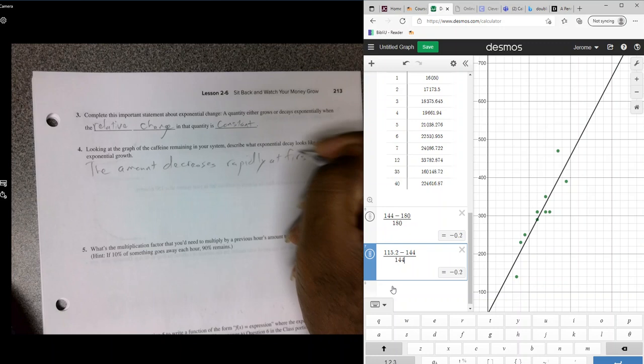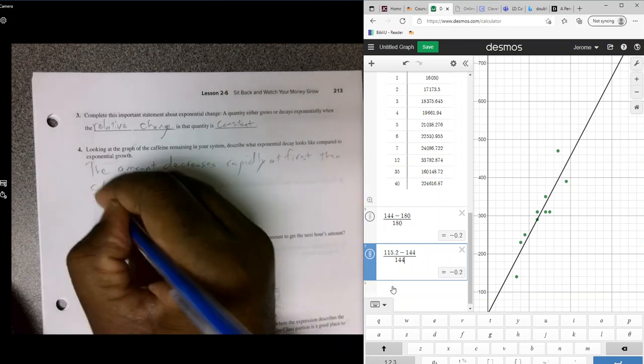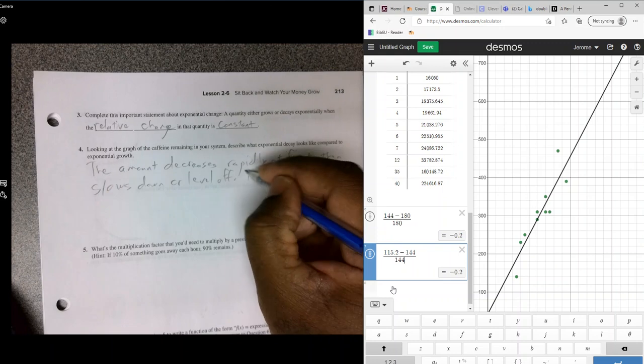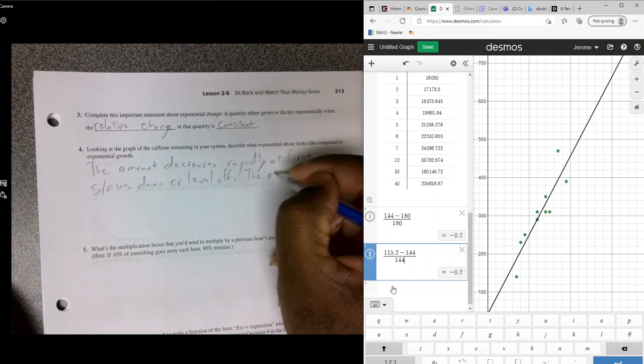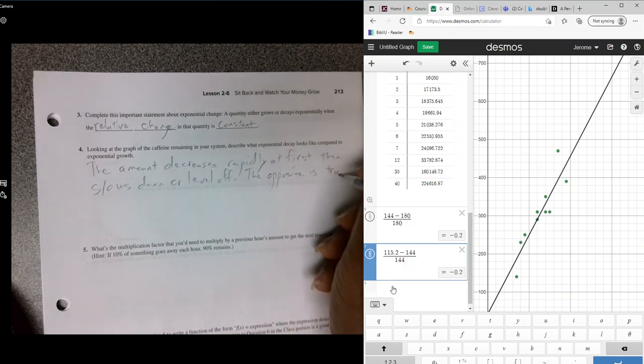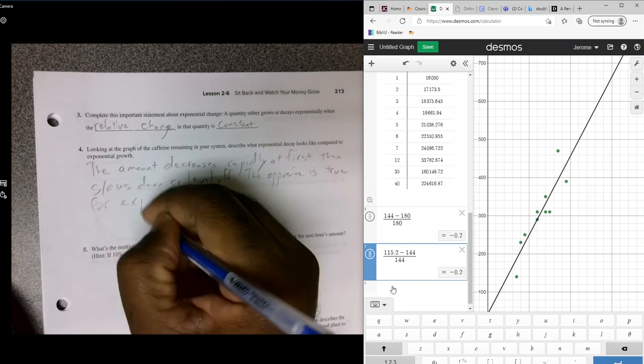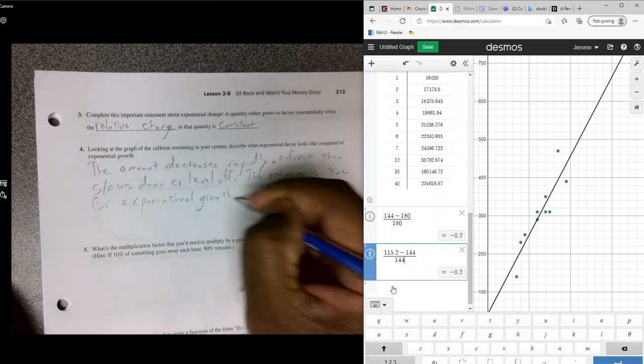The opposite is true for exponential growth because it starts off slow, then grows rapidly.